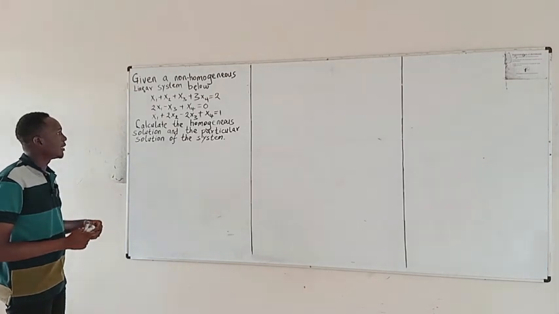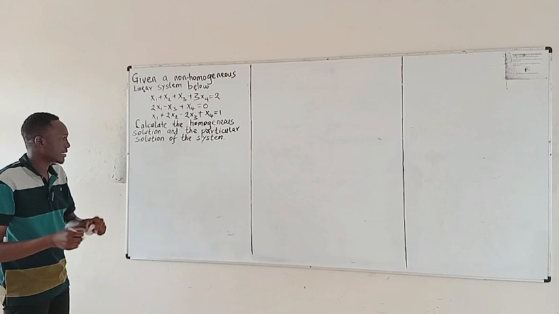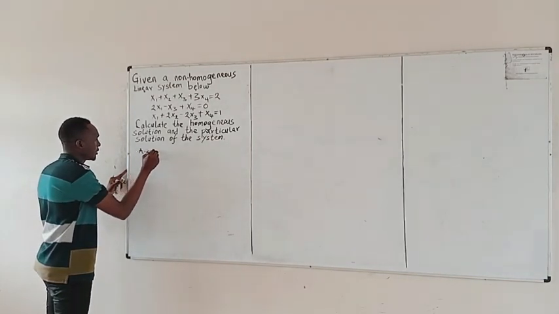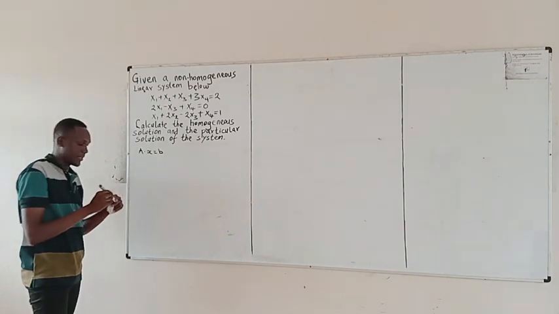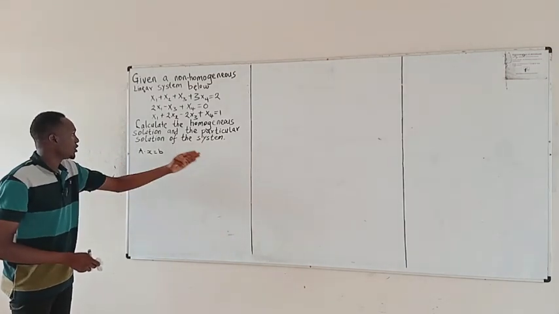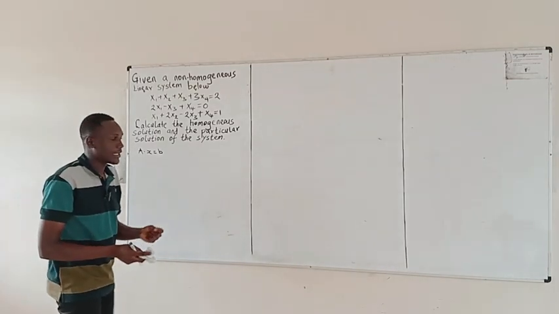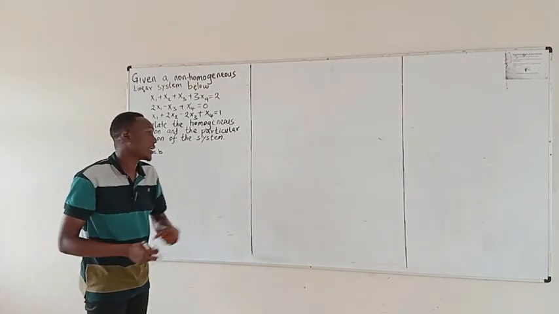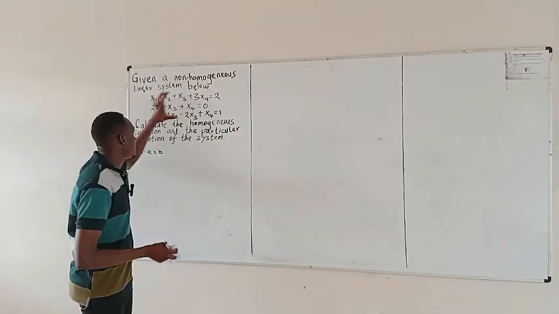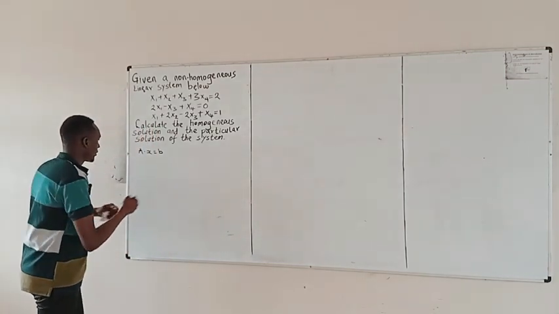We find that an unhomogeneous linear system is basically a linear system in the form AX equals B. Now, to find the homogeneous solution and particular solution, we need to perform a double REF, that is row reduction. To perform a row reduction, we need to write this in the form of an augmented matrix.